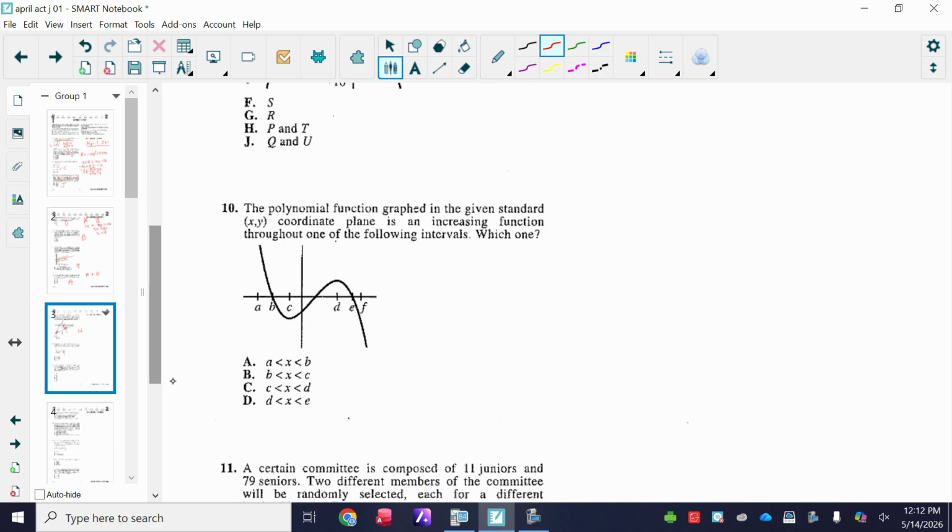When is the interval increasing? They're increasing between where? Well, here we go. It's decreasing, decreasing, decreasing, and it increases between C and D, choice C. Okay?